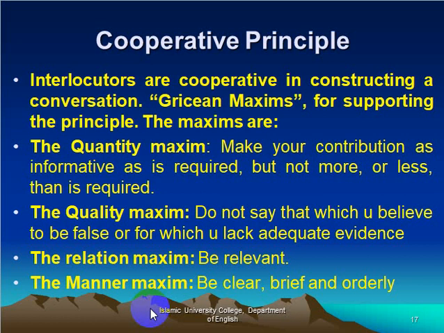For example, if you see something happen and somebody asks you what happened, you must tell what really happened, what you already saw. You do not say things from your own beliefs, in addition to not lying, of course.